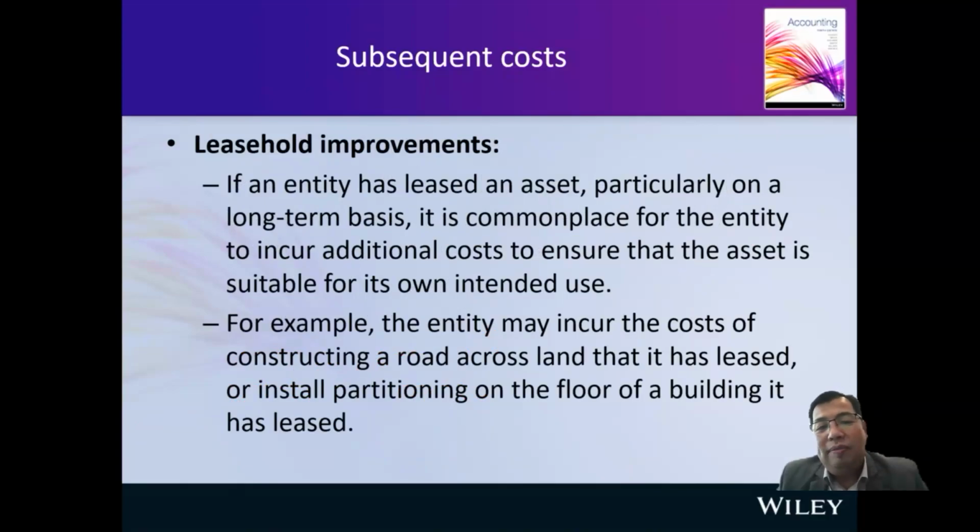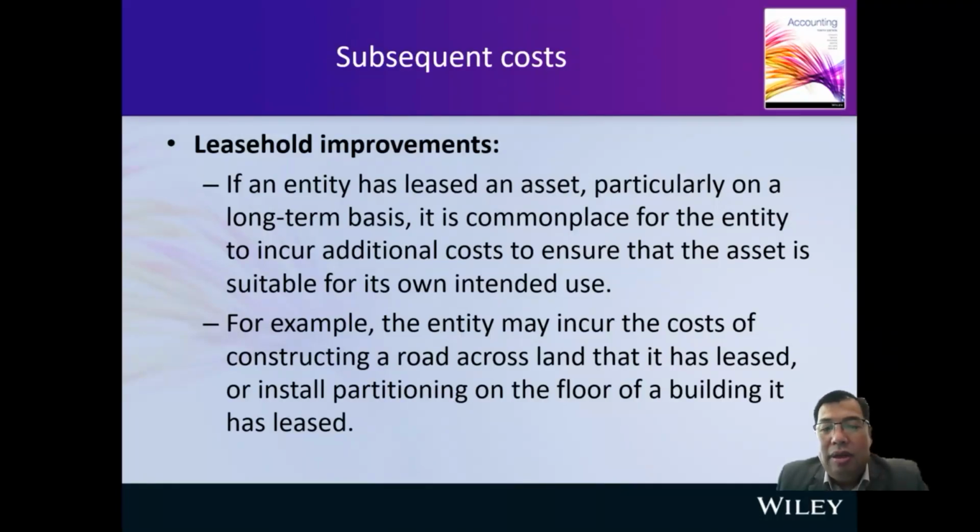For leasehold improvement, if an entity has leased an asset, particularly on a long-term basis, it's commonplace for entities to incur additional costs to ensure that the asset is suitable for its intended use.